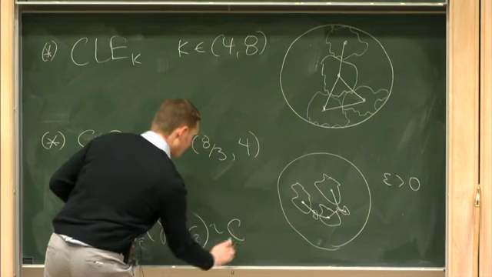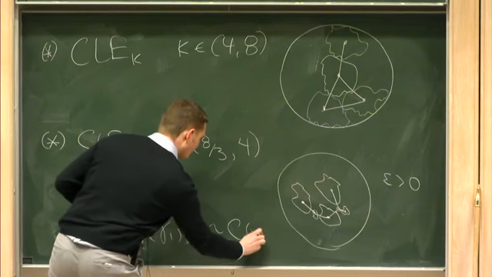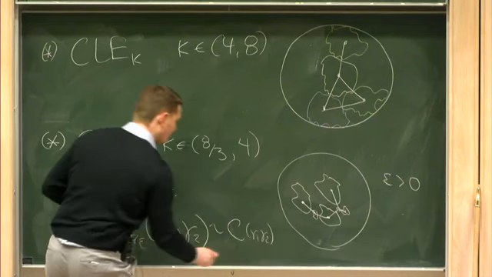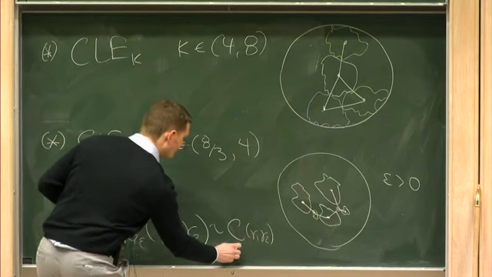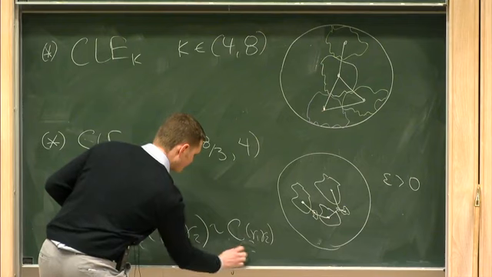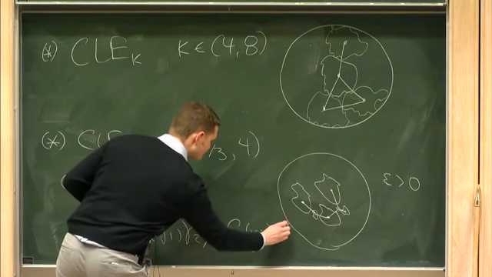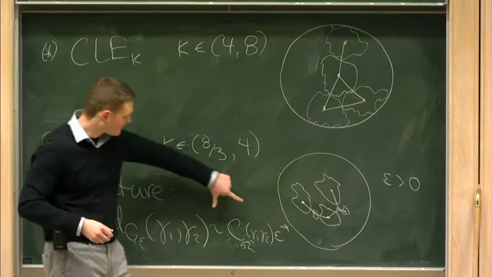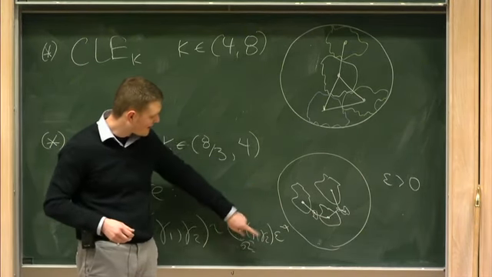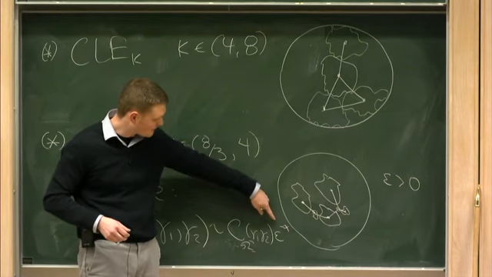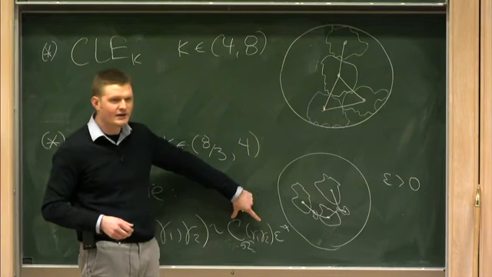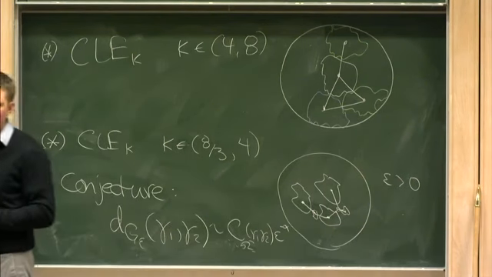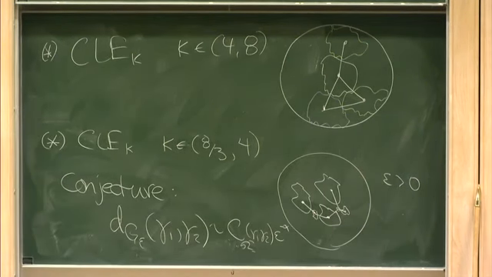Some constant depending on gamma 1 and gamma 2, and also depending on the domain omega, times epsilon to some power minus alpha. So one natural thing to do is to divide by epsilon to the minus alpha to cancel this epsilon-dependent part, and interpret the remaining constant as a notion of distance between loops.